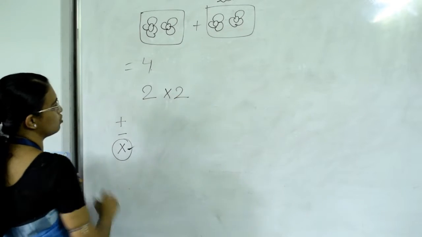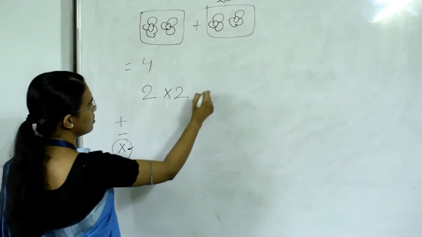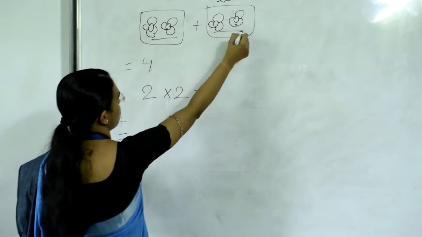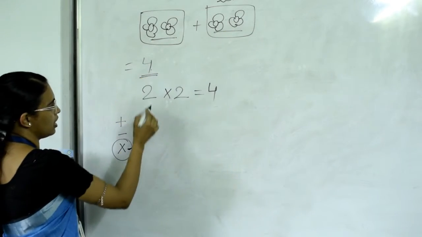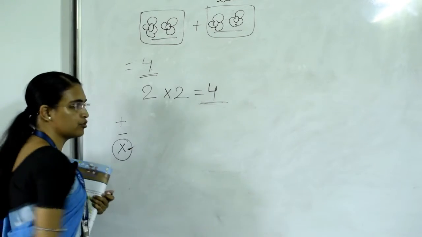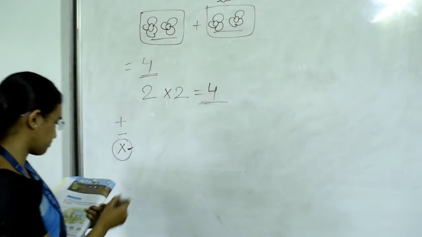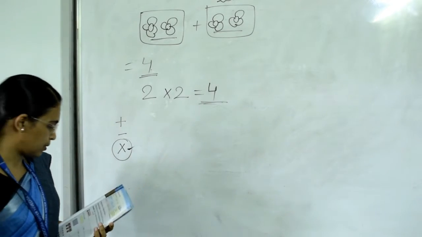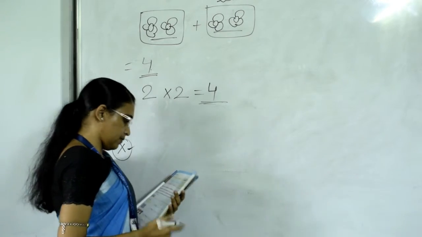So write here 2. So 2 2s are 4. If you count these flowers, you will get 4, and if you do it in a shorter way, you will also get 4. So like this, you have to complete the table.